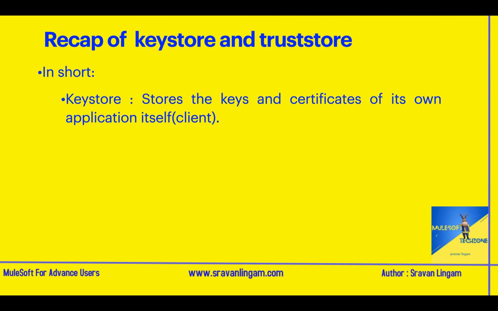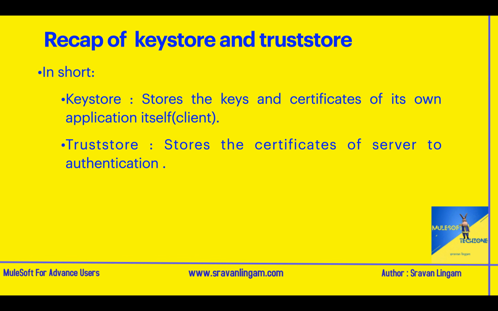That means if you consider the client as our application itself and the server as the end user, the keystore stores the keys and certificates of its own application, meaning it has client certificates, whereas a truststore stores the certificates of the server to authenticate. So in short, the truststore has the certificates of the other party, and the keystore has the certificates of its own.